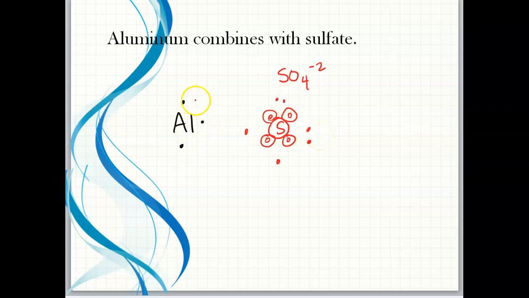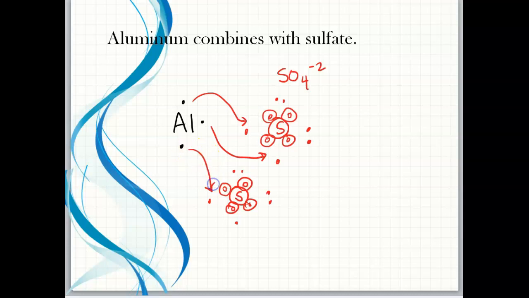So here we have a situation where aluminum can lose 2 electrons to sulfate, but aluminum still has 1 electron that it wants to get rid of. So let's go ahead and give it another sulfate. I'll go ahead and give it its 6 valence electrons again.